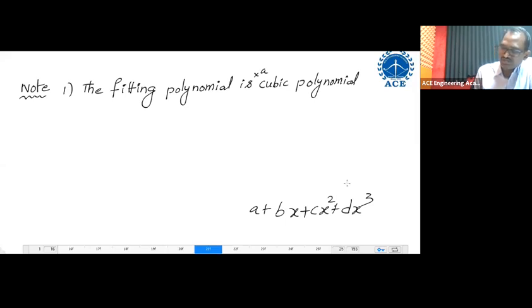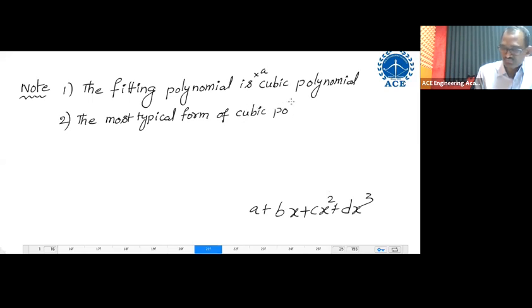Among all different third degree polynomials, the most typical form means that the polynomial will have every term: third degree, second degree, first degree, 0th degree.